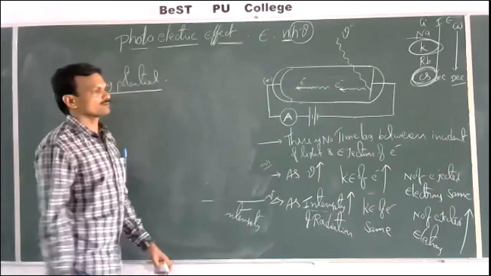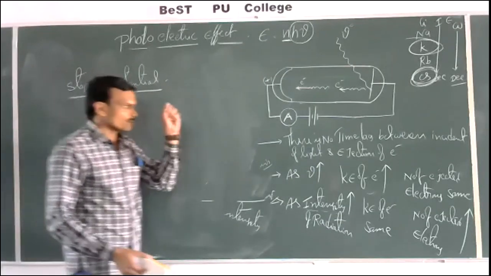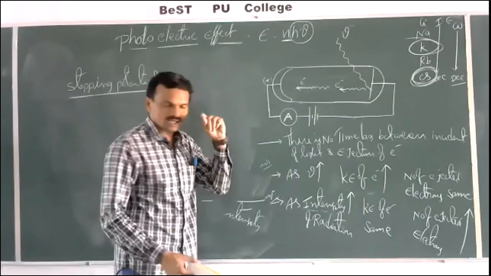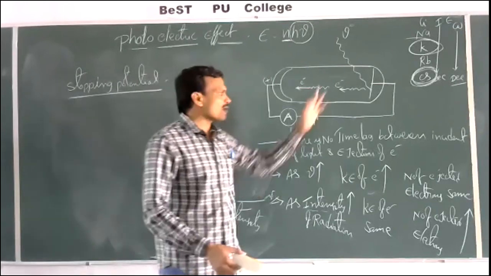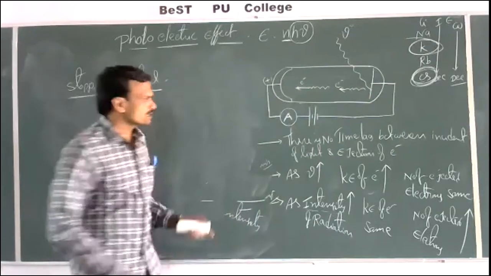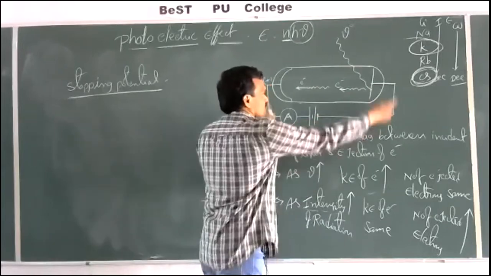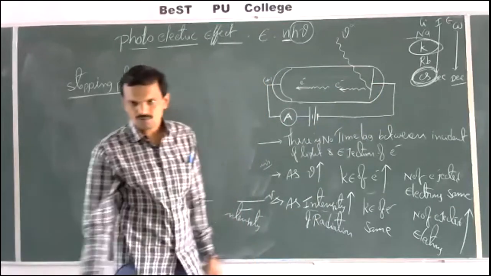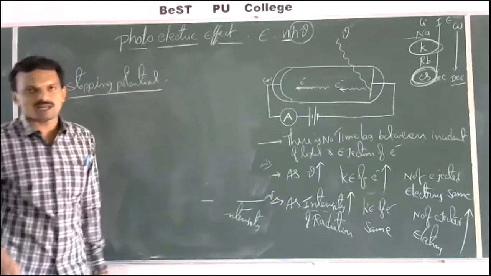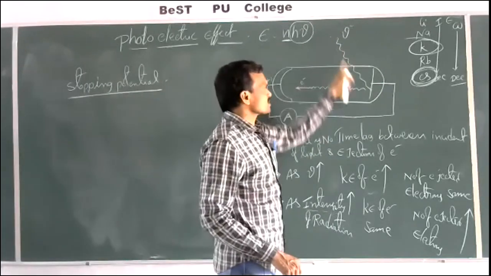Stopping potential. See, stopping potential is nothing but the minimum potential that must be applied to stop the ejection of electrons from the metal surface. That means if we apply some electric field through these electrodes, then we can stop the ejection of electrons.